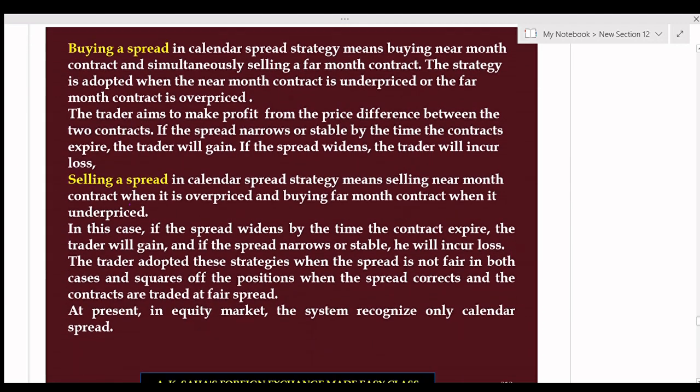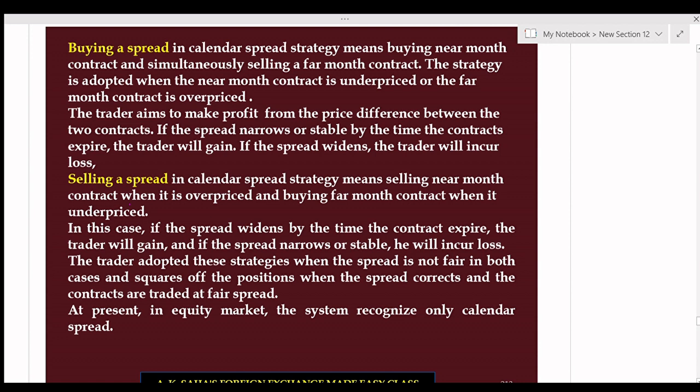Now come buying a spread. Buying a spread in a calendar spread strategy means buying a near month contract and simultaneously selling a far month contract. The strategy is adopted when the near month contract is underpriced, because it is a long future contract and it is anticipated that the market will move up, so they will gain.